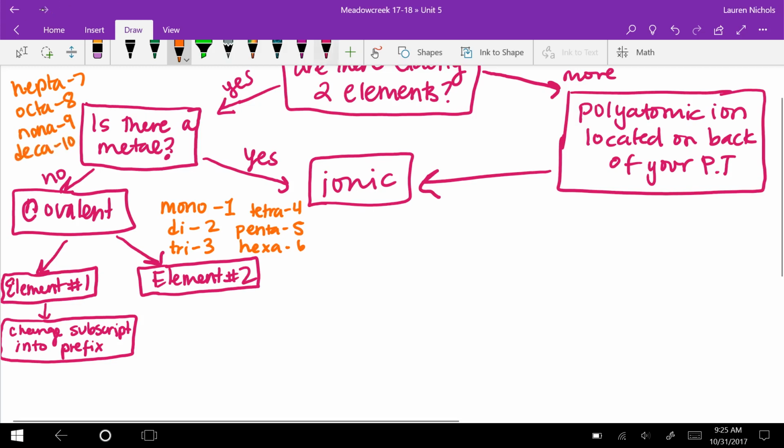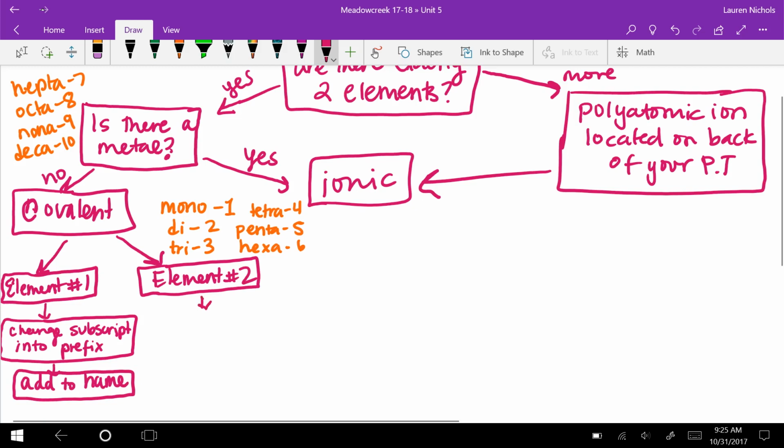Once we change it into a prefix, we just add that prefix to the beginning of the name, since prefix means before.